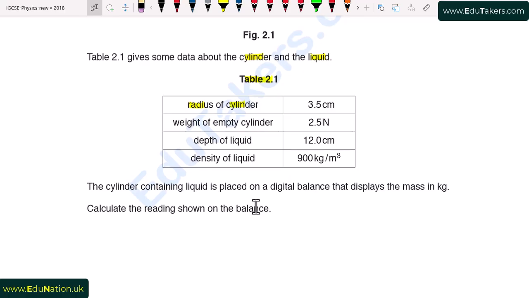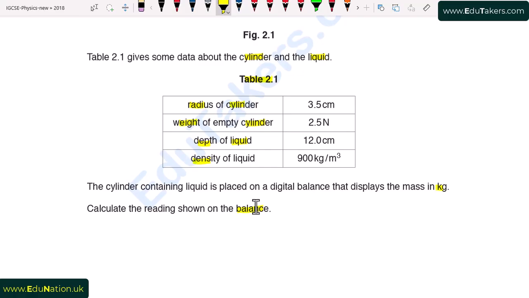The weight of the empty cylinder is 2.5 Newton. The depth of liquid is 12.0 centimeter and the density of liquid is 900 kilogram per meter cube. The cylinder containing liquid is placed on a digital balance that displays the mass in kilogram. Calculate the reading shown on the balance.